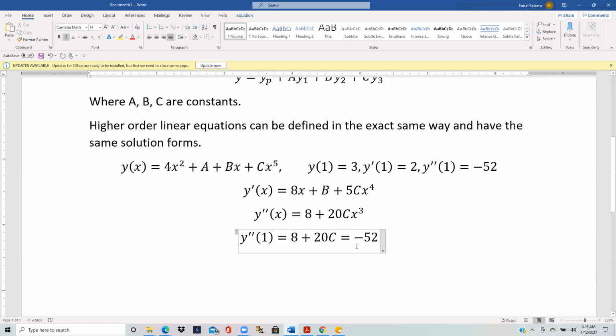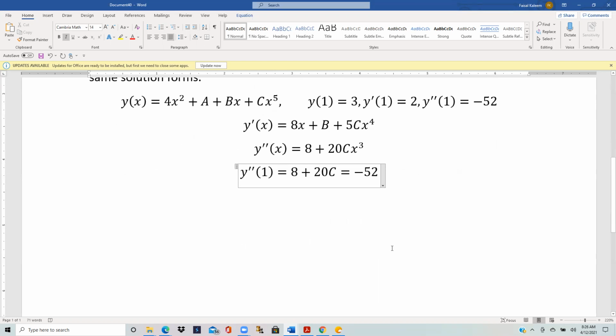So from here, you subtract the 8, 20c would be negative 60. So c would be negative 3.